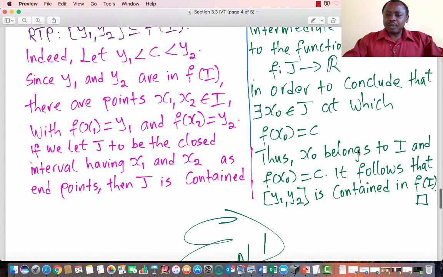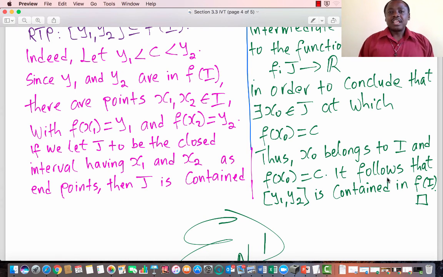Thus, x0 belongs to I and f of x0 equals c. It follows that the closed bounded interval y1, y2 is contained in the image set f of I. We have thus proved that the image set f of I is convex.